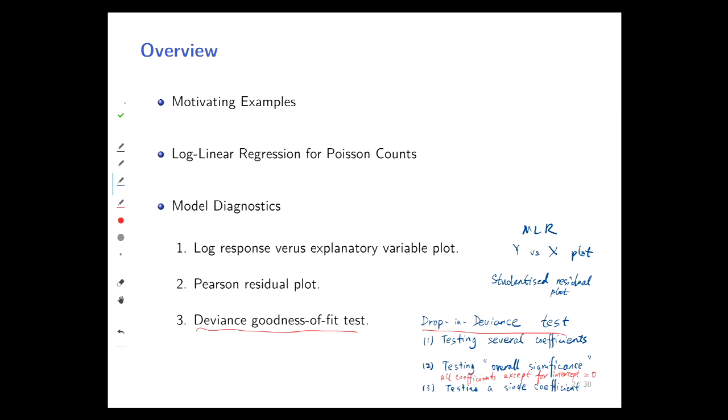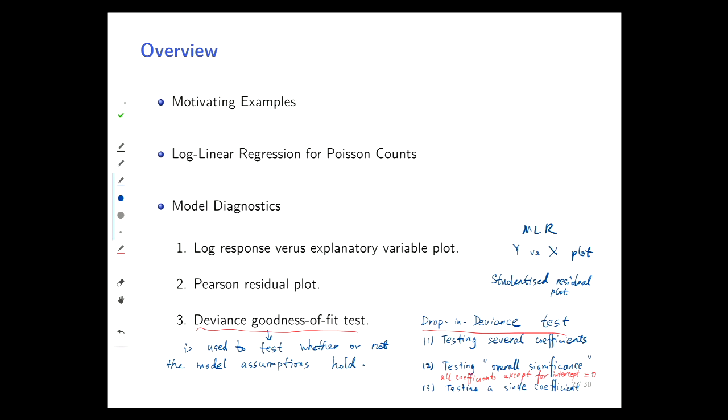So the deviance goodness of fit test basically is used to test whether or not the model assumptions hold, or in other words, whether or not the model is good or appropriate.